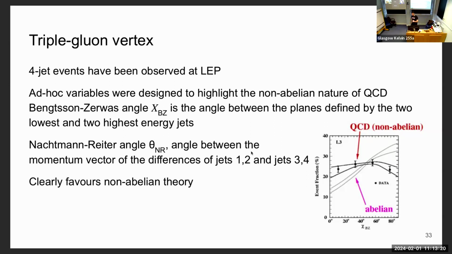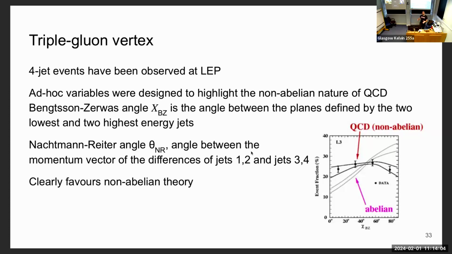So in the bottom right plot, you have the Bengtsson-Zerwas angle on the x-axis, and on the y-axis it says event fraction, so we're counting the events in the data set. The black dots, the full dots, are the data. The darker line is the one for non-abelian behavior, compared also to the gray line, which represents the abelian behavior.